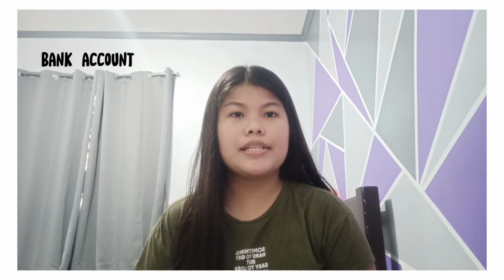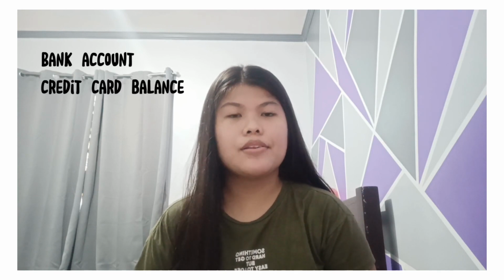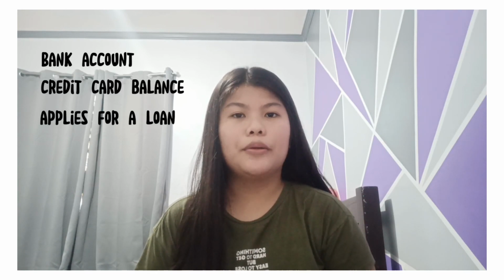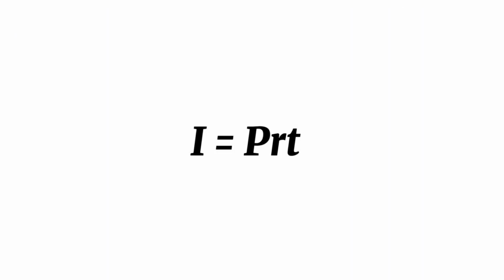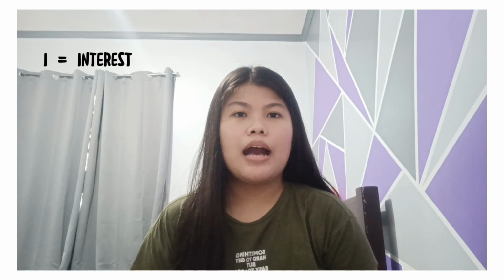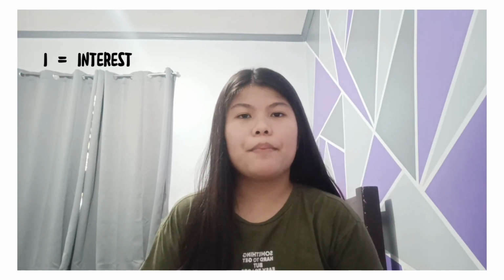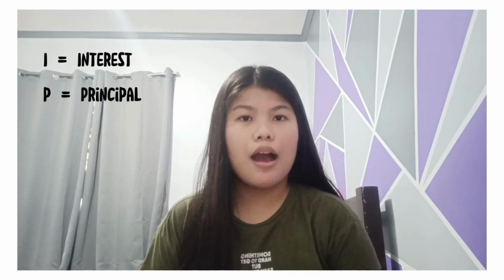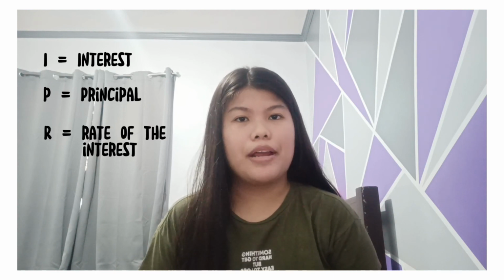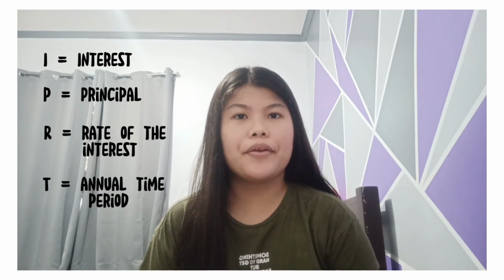Calculating simple interest is an essential skill for anyone who maintains a bank account, carries a credit card balance, or applies for a loan. This can be computed using the formula I = P × R × T. I stands for interest, P stands for principal, R stands for rate of the interest, and T is annual time period.